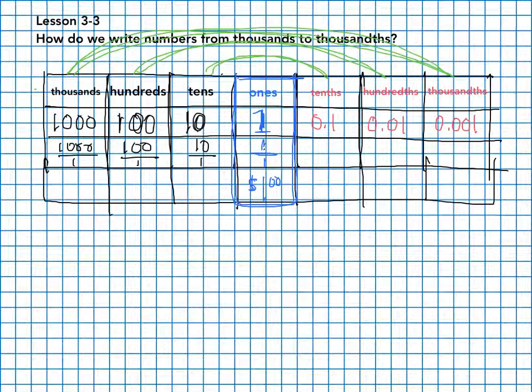Now, as we go to the other side, tenth, we're actually getting smaller. Our number should be smaller. So we're going to go 1 over 10. Hundredths is 1 over 100. And thousandths is 1 over 1,000. Now, ladies and gentlemen, I want you to look at this pattern. This is the reciprocal of this. 100 over 1, 1 over 100. 1,000 over 1, 1 over 1,000.